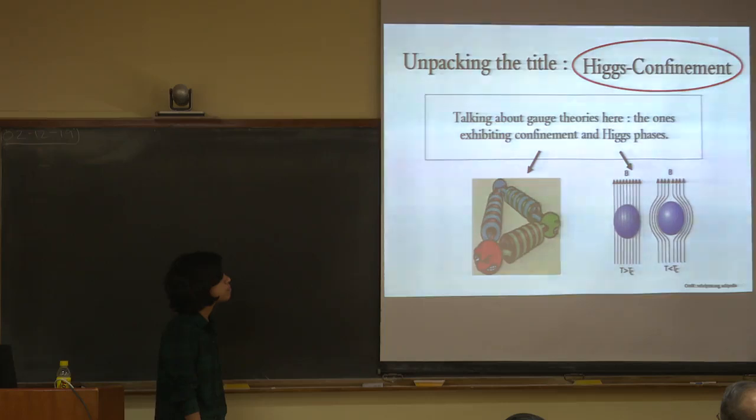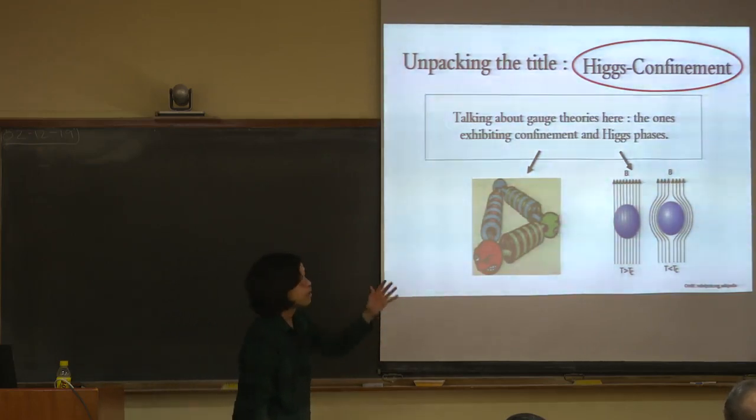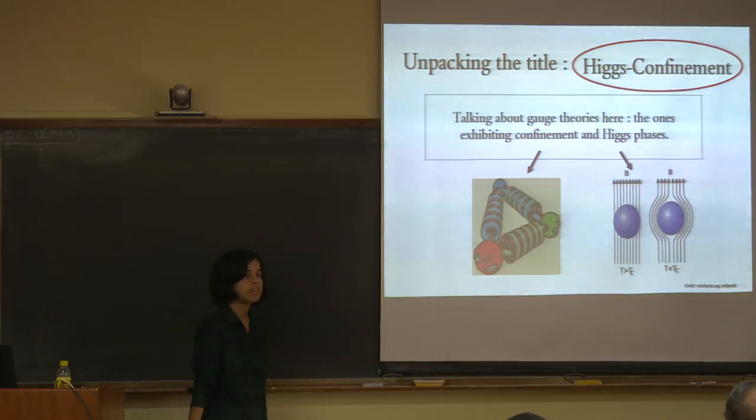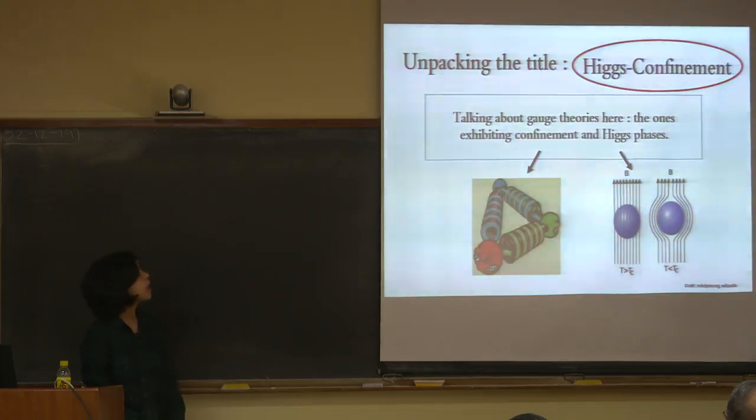In ordinary superconductors, you have Cooper pairing of electrons when you're below the critical temperature, and that gives mass to the photon, which gives rise to shielding of magnetic fields below the critical temperature. So that's what this is showing, and that's the abelian Higgs model.